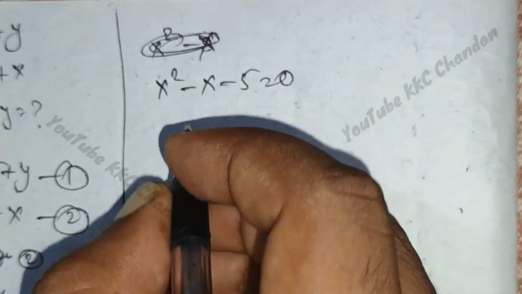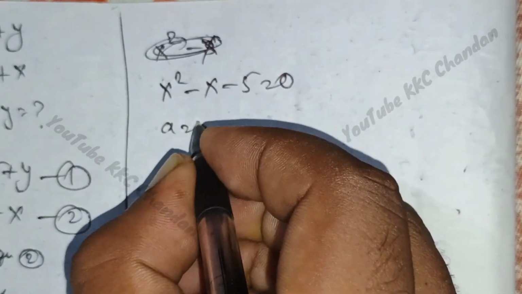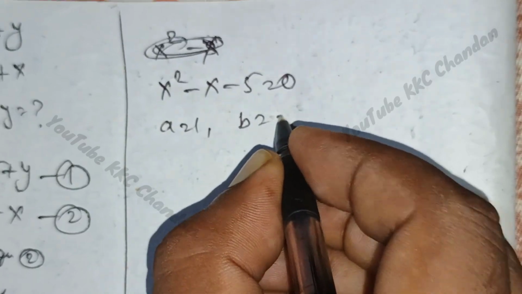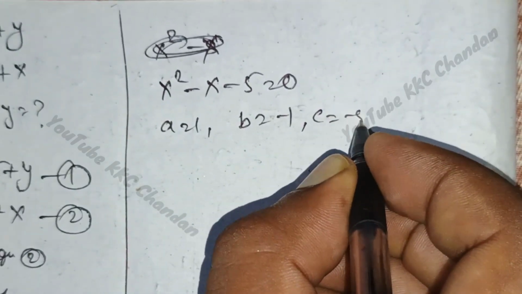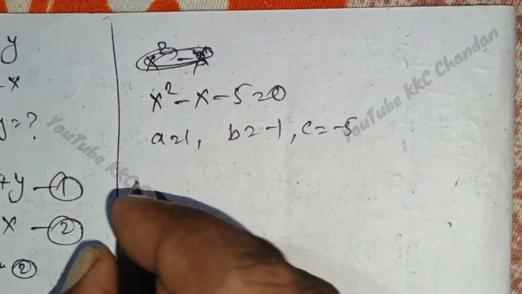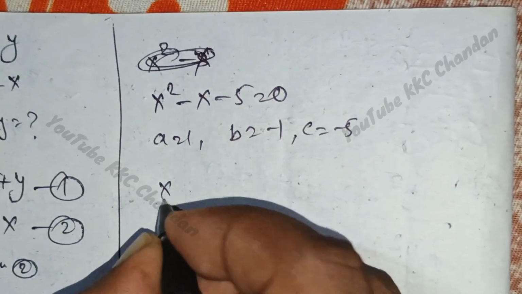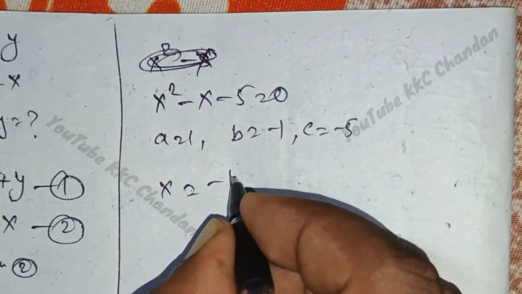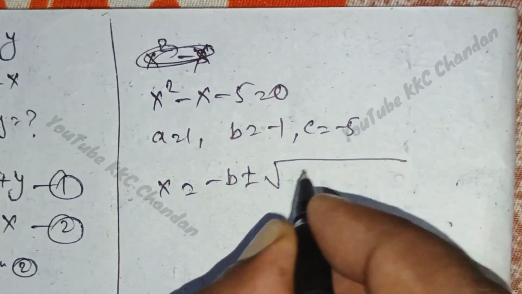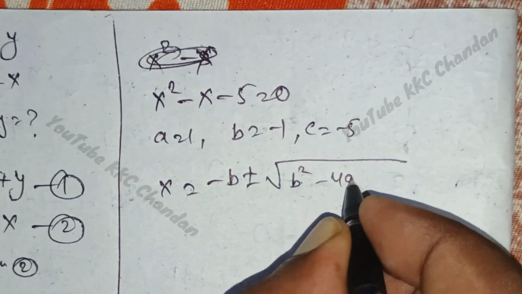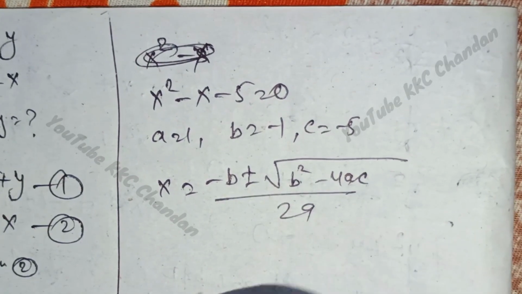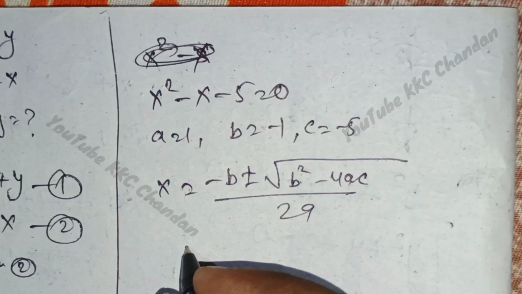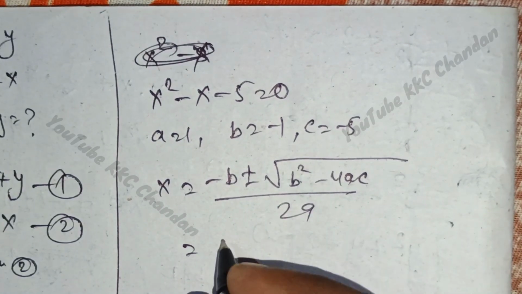This is in the quadratic form. See here, a is equal to 1, b is equal to minus 1, c is equal to minus 5. The quadratic formula is x is equal to minus b plus or minus root under b square minus 4ac, divided by 2a. Put the a, b, c values.